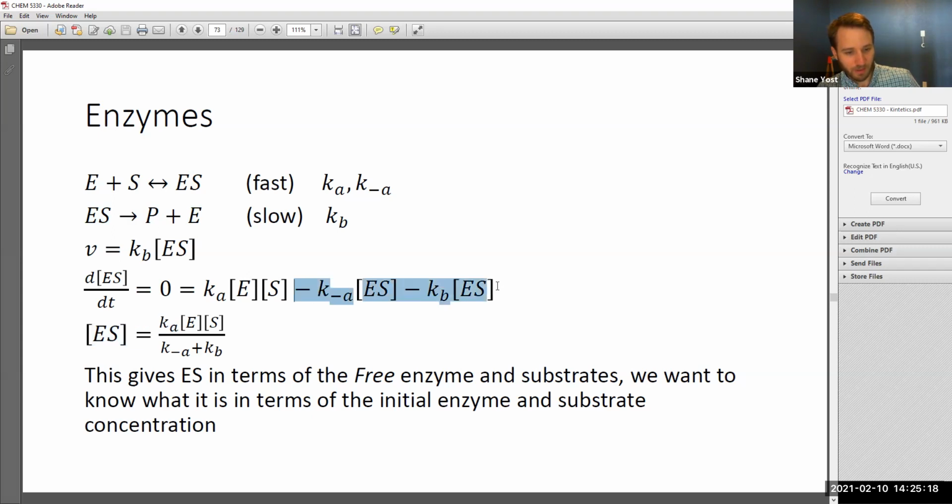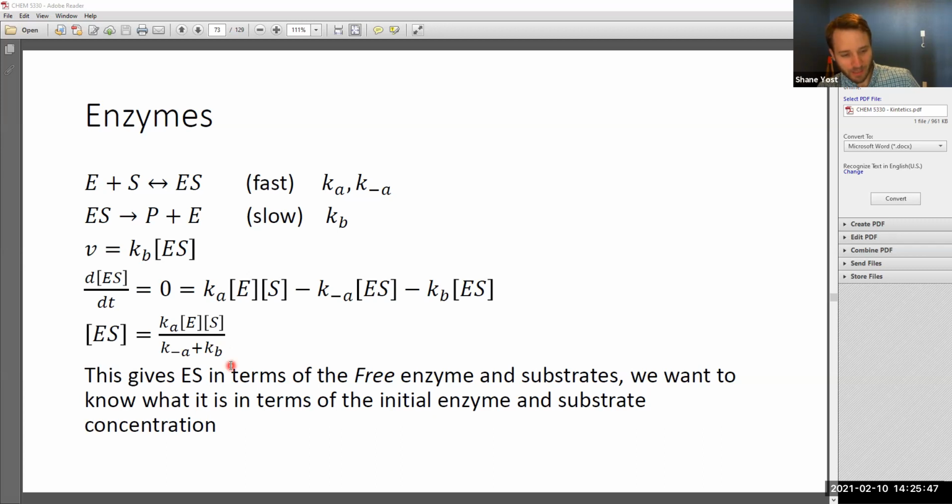And then it's a product in that first reaction, that forward direction, so it's positive. And then we can just factor out the concentration of ES here, add all of that to the other side, and then divide out k minus A plus kB, to rearrange this equation to get the concentration of ES is equal to kA times E times S divided by k minus A plus kB.